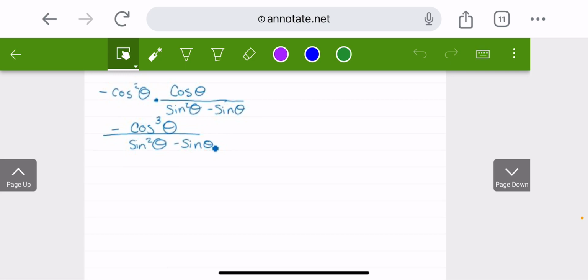What we're going to do now is look at that bottom and say, hey, it looks like there's a common factor there. Let's see if that helps, because I could take a sine out of both of those and put it in kind of a factored form. Let me change colors again. I know, it looks super gross.